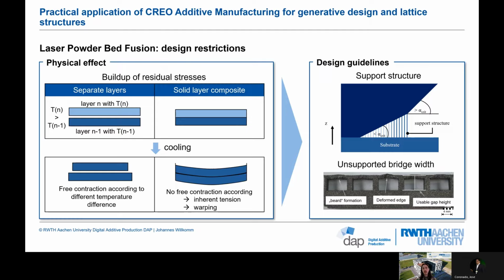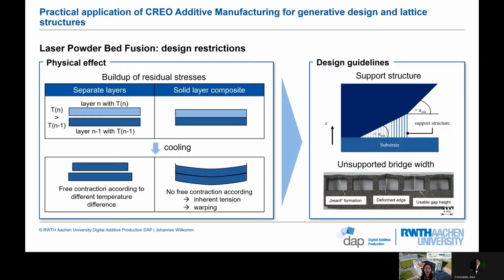there is especially the effect of different cooling of each layer during the process, and this results in residual stresses in our parts. I would like to show the build-up of these residual stresses on this model I show here on the left side. The rapid heat input and cooling from layer to layer causes shrinkage of each of the different layers at a different time step.